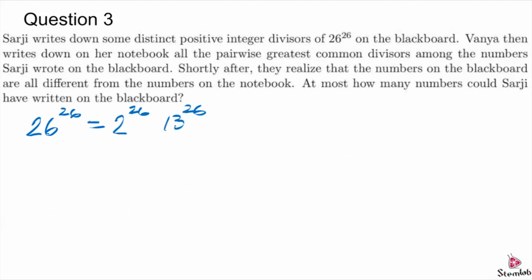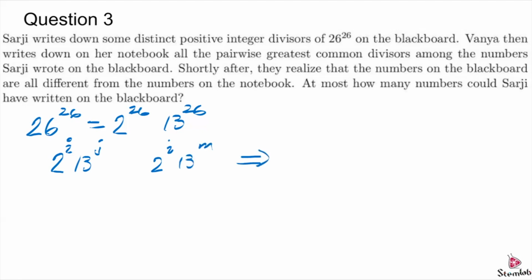First things first, notice that if you have some 2^i times 13^j, you do not want on the blackboard some other 2^i times 13^m, because the GCD of the two will be whichever is less of j and m.